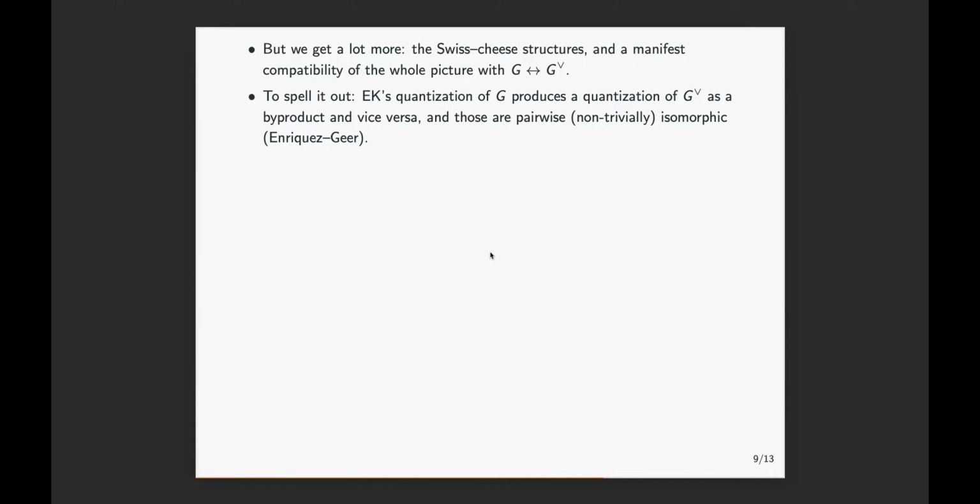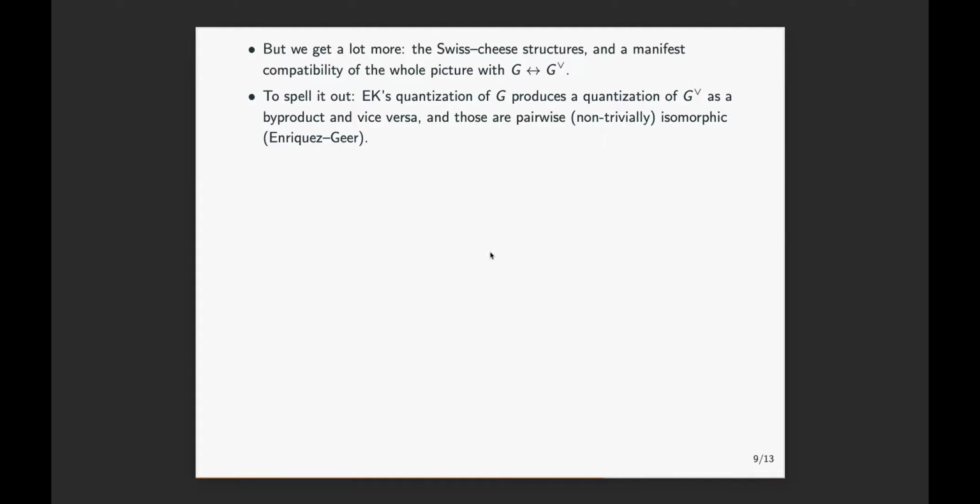But G dual itself is a Poisson group, so you could just apply the formalism to it directly, and you get a quantization of G as a byproduct. And the claim is that those are pairwise isomorphic, but in a highly non-trivial way. The TFT perspective tells you that they have to be isomorphic, but because everything is up to homotopy or isomorphism of functors, this isomorphism is still highly non-trivial.